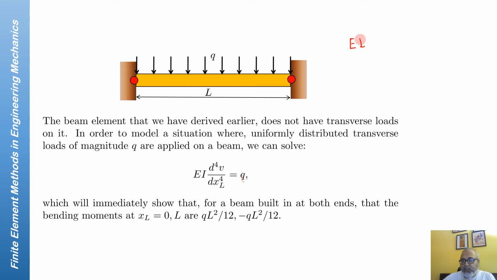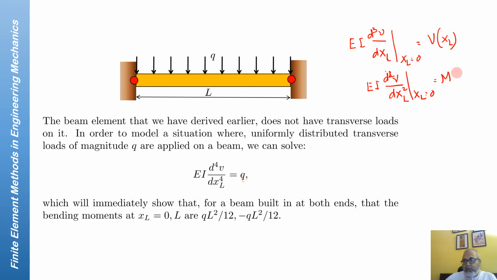Remember, shear force is this, at XL equal to 0 will give me V at XL, and then this at XL equal to 0 will give me M at XL.